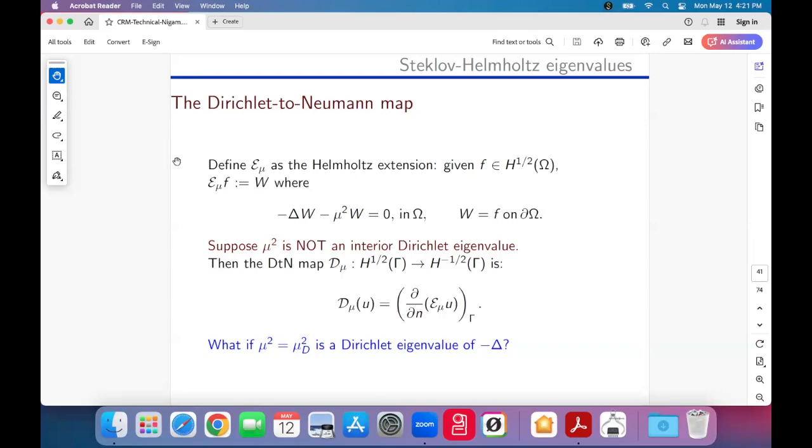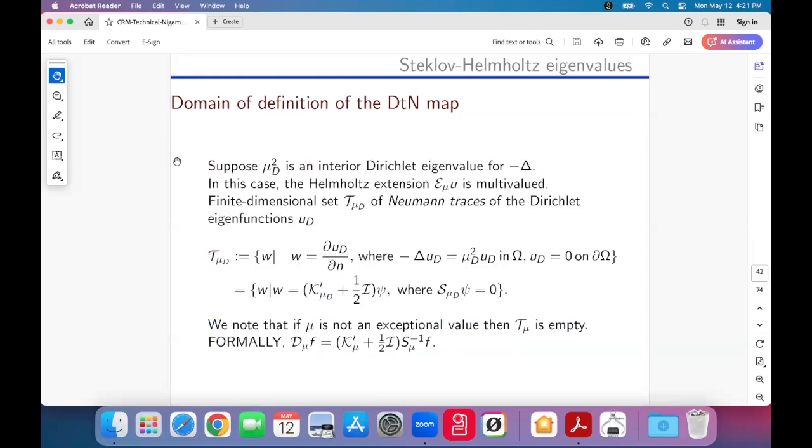And the problem for the Helmholtz equation is that at some values of the wave number, this operation is not well defined. The extension map that takes you from the Dirichlet data into a function that satisfies the Helmholtz equation is multi-valued. You have non-zero solutions to the eigenvalue problem, and so you can add any number of them.